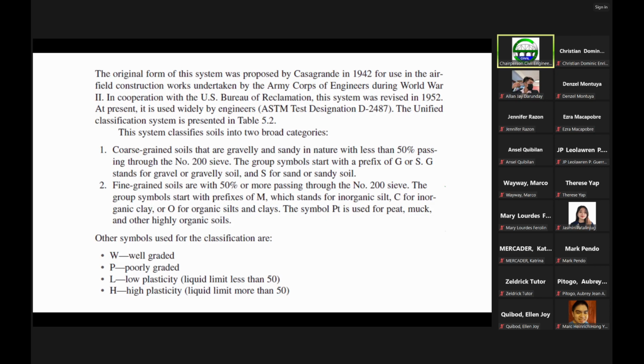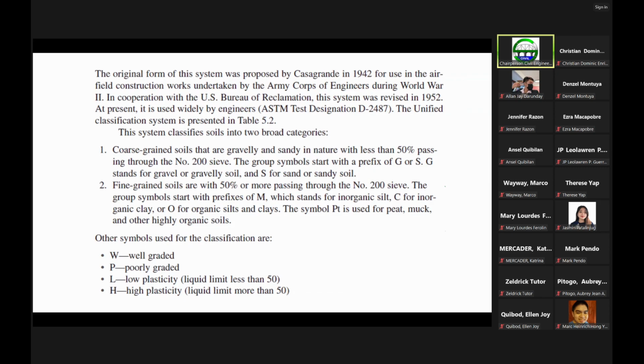So aside from the symbols G, S, M, C, O, and PT, we also have symbols for further classifications. W stands for well graded. P stands for poorly graded. If you recall the grain size distribution curve, we have the well graded distribution curve, and then you also have the poorly graded distribution curve. I just try to recall them.